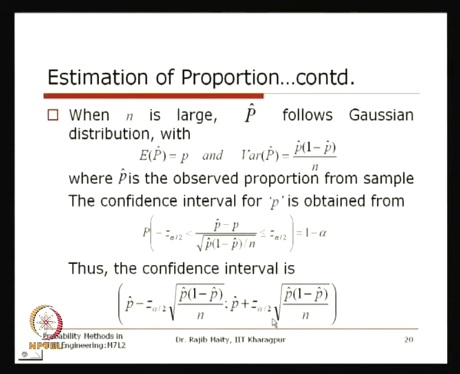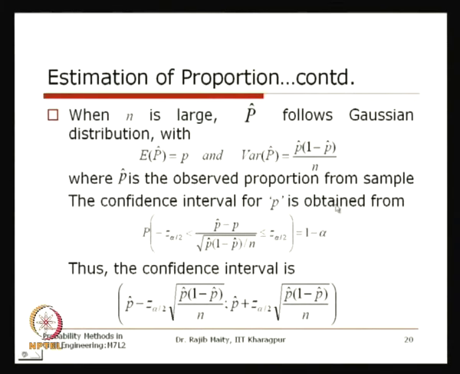Now, when n is large, p cap follows a Gaussian distribution with mean p and variance p cap into 1 minus p cap by n, where p cap is the observed proportion from the sample.